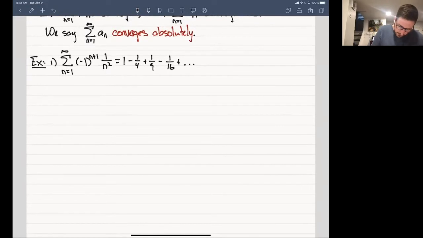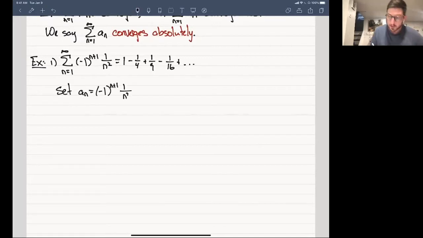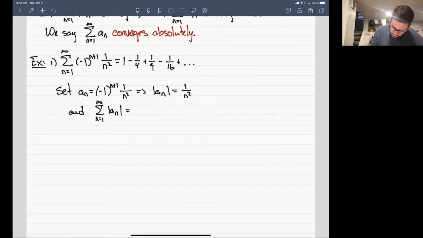Well, if we set a_n equal to (-1)^(n+1) times 1 over n squared, this tells us that the absolute value just gets rid of the (-1)^(n+1). So this is just equal to 1 over n squared. And the sum of the absolute values is what we've been calling the p series with p equal to 2, the sum of 1 over n squared.